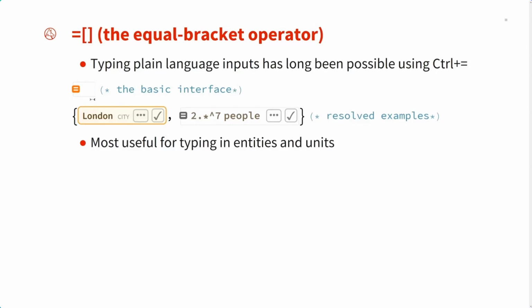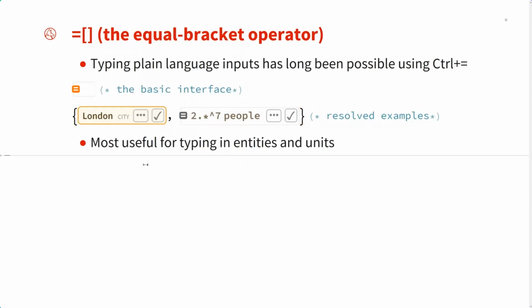The most useful sorts of things tend to be things which parse to entities or entity classes or things related to entities, like this London here, or things which parse to quantity expressions, which is to say expressions with units. This is an example of a somewhat interesting unit. The unit is people in this case.